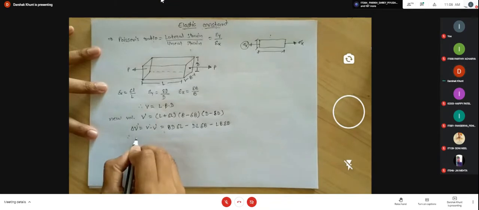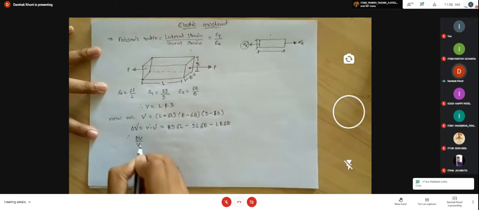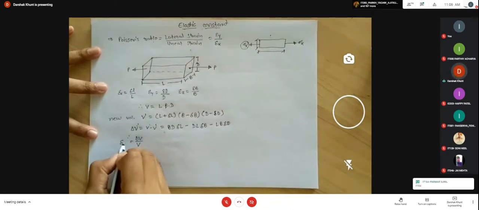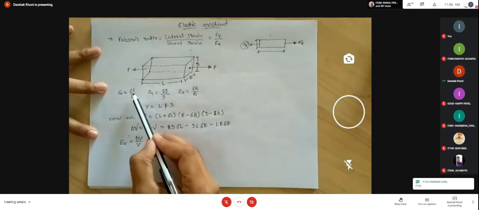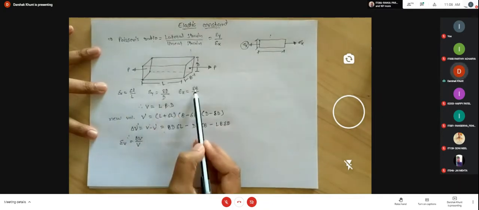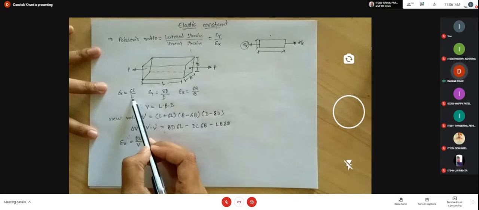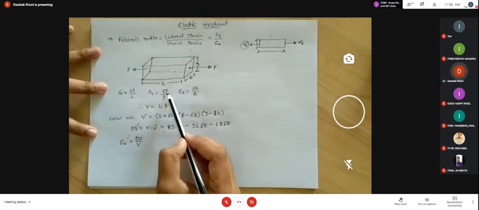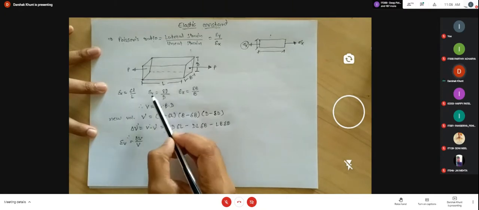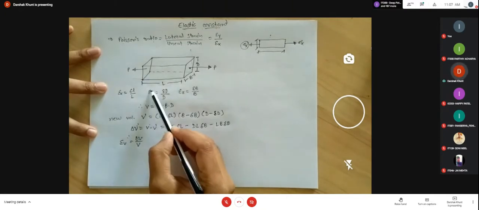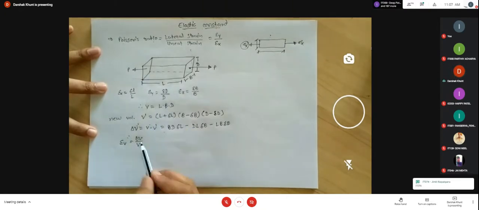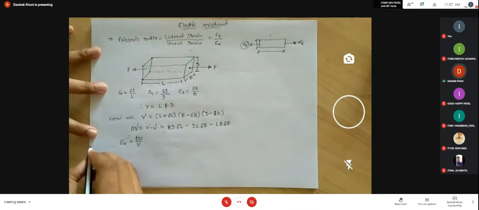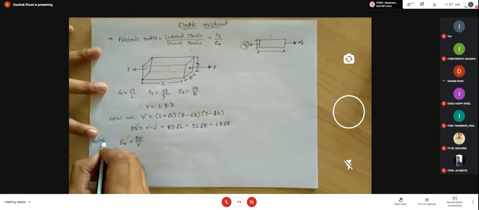So if we divide this change in the volume by the original volume, it is known as the volumetric strain. Here we have considered individual directions: change in length for original length, so we get the longitudinal strain. Here change in the depth divided by original depth, so we get the strain in the depth, meaning y direction. In the same way, the change in the volume by original volume is known as the volumetric strain.